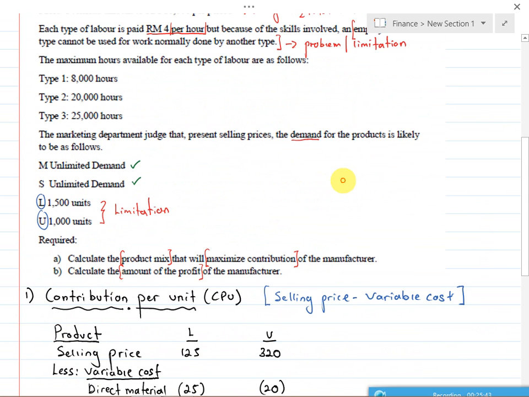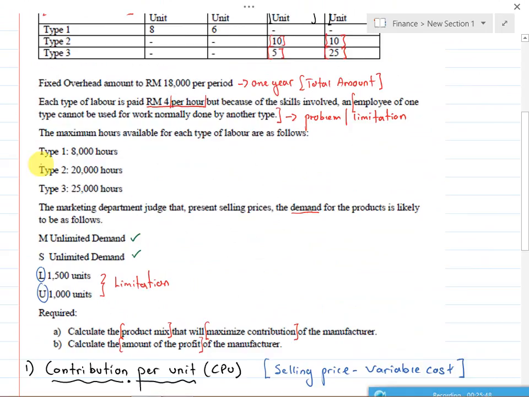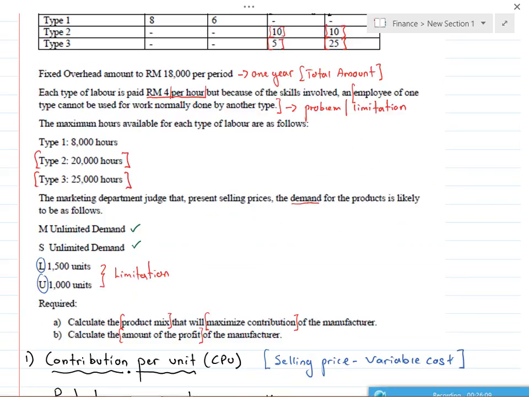Don't forget, you also have y, the labor hours, total hours. The total maximum hours is given over there. So how are you going to put it?